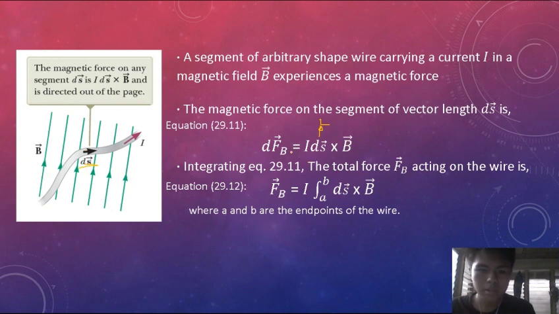Integrating both sides, the total force acting on the wire is the magnetic force equals I times the integral with upper limit b and lower limit a of ds times magnetic field B, in which a and b are the endpoints of the wire. So it is from point a to point b. That is our length.